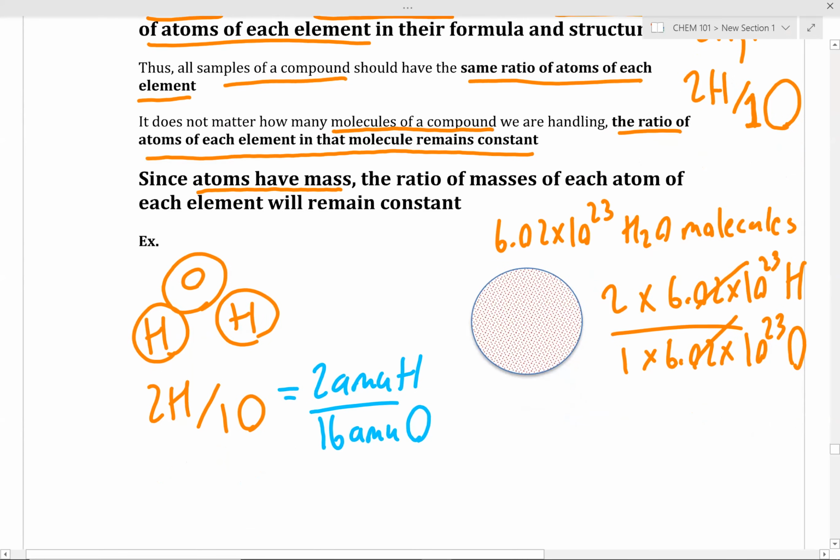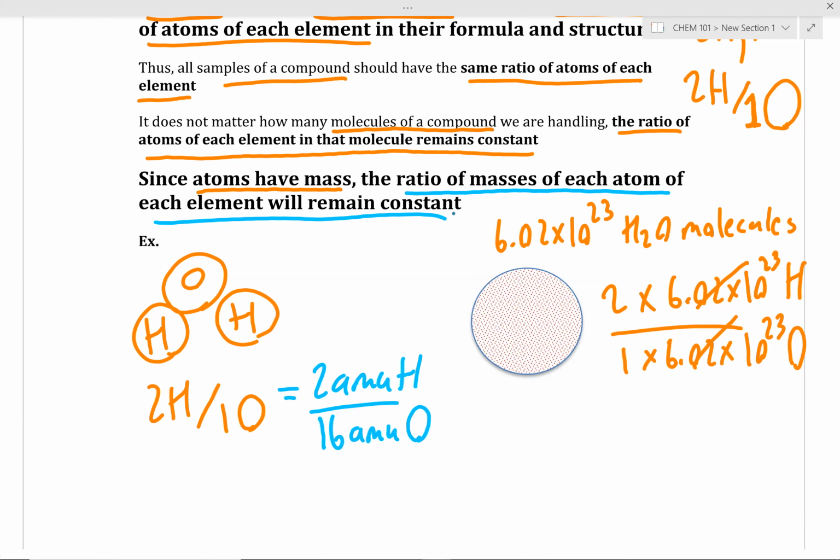And just like the atom ratio is fixed, is the mass ratio also fixed for a unique compound? Yes. Okay. So then the ratio of masses of each element will remain constant, no matter the size of your sample, right?